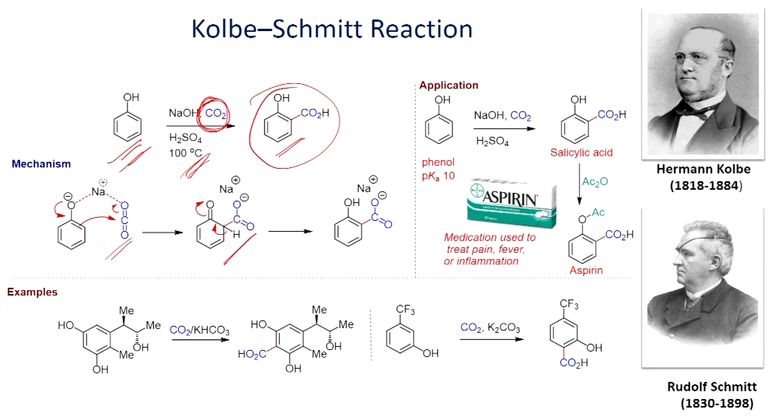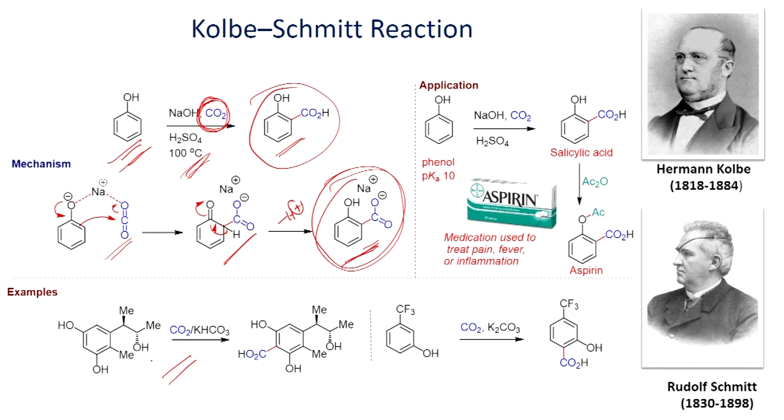Once you form this one, cleavage of this carbon-hydrogen bond can lose a proton, then you can get this carboxylate. Once we have this one, when you do the acid workup, you will be able to get the corresponding carboxylic acid, the product. So, in this way, if you have phenol, you can make salicylic acid using carbon dioxide in the presence of base. After acid workup, you can get salicylic acid as the product.